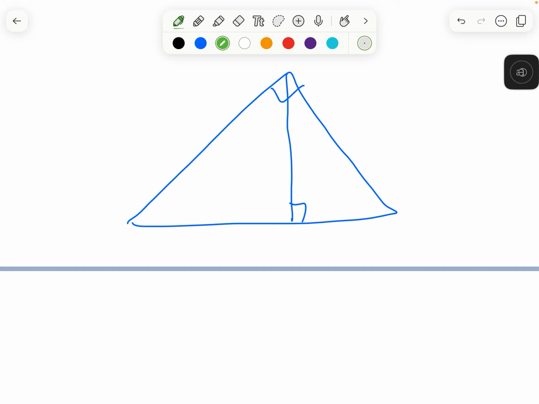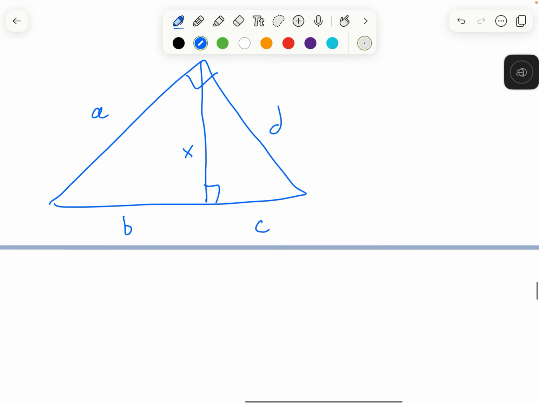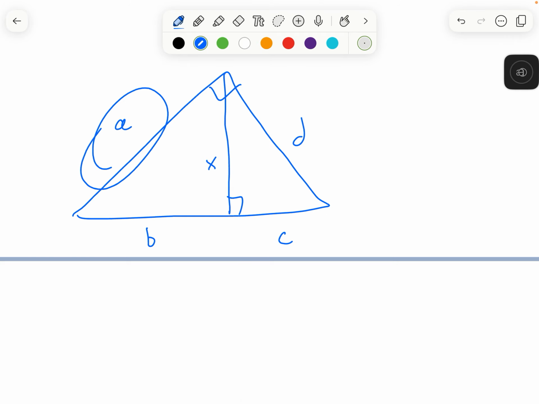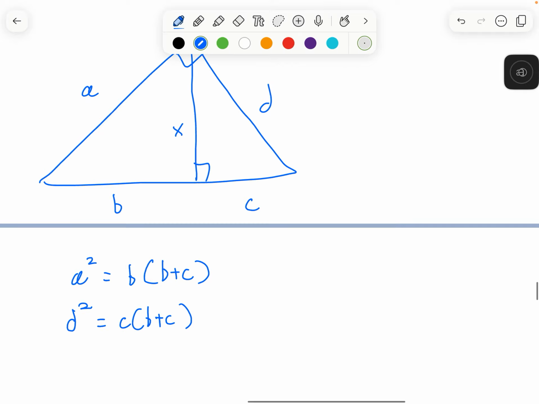This is A, let's call this B, let's call this C, let's call this D, let's call this E. Oh, let's call this X. So once again, same logic, leg squared equals your closer, so that's B, times the entire thing, so times B plus C. Same thing with D: your D squared, which is your leg squared, equals the closer, C, times the entire thing. And then the altitude squared equals B times C.